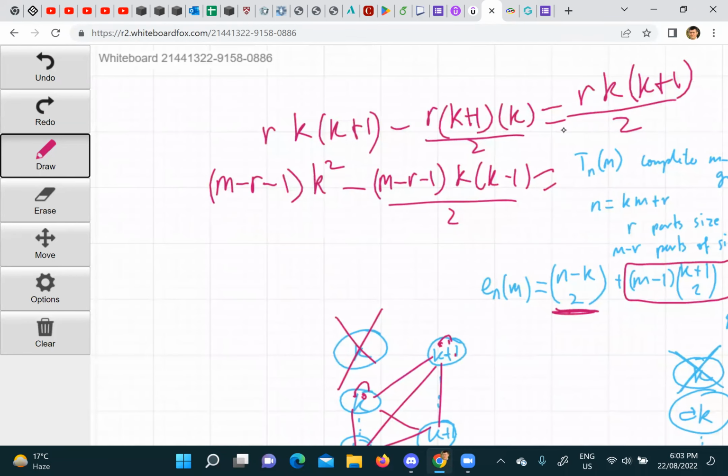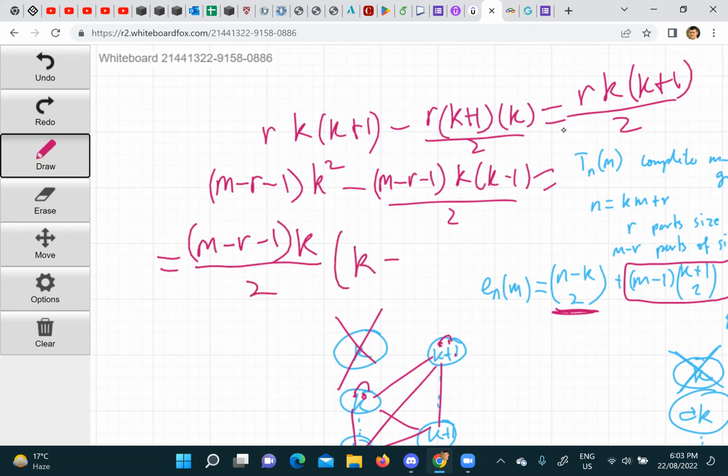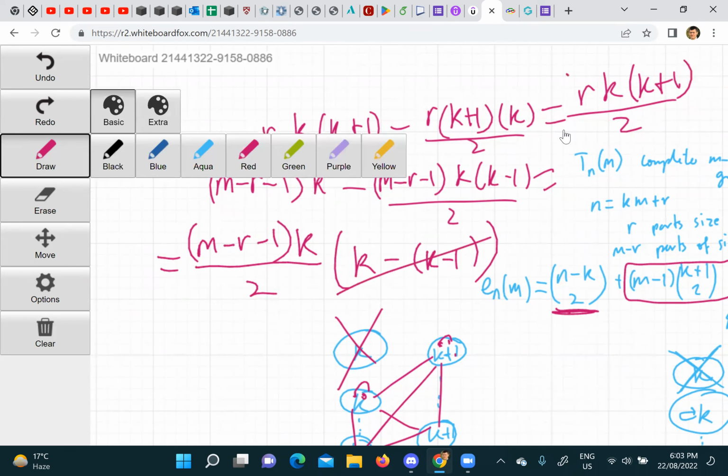Okay. This one here has a lot of common factors again. K, and let's put a half out here, and then it's k minus 1, which is just 1. Okay. So then we just add these two things together now.